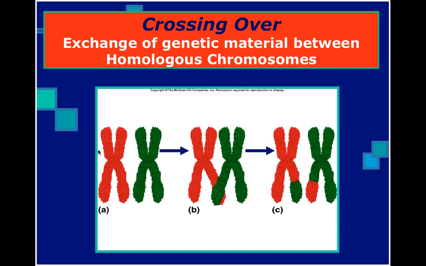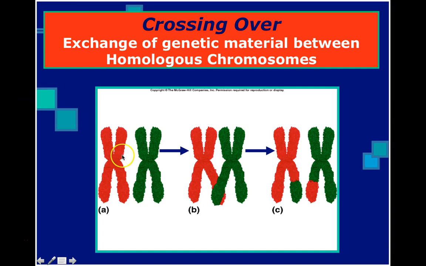It's completely random. It really just depends on how close the homologous pairs get to each other. It depends if they form a tetrad. It depends if they meet at their synapsis. But when this happens, you have an exchange of genetic material.